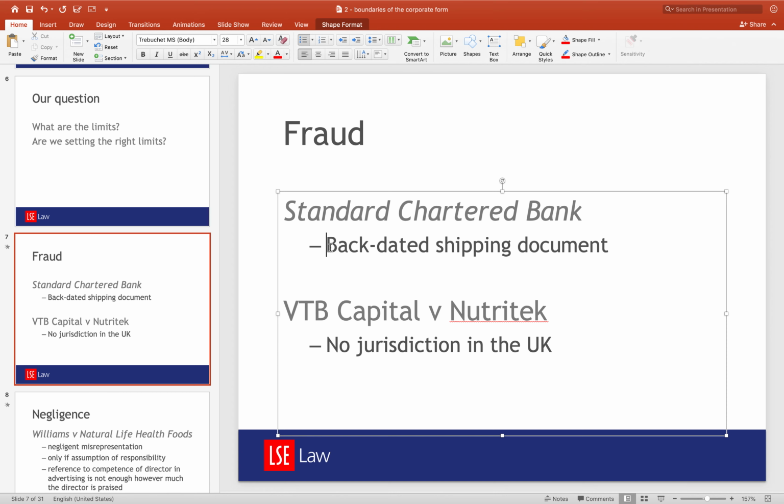They had backdated shipping documents, and the court said the fact that this was done by a director, acting as a director, doesn't mean they're not personally liable. So if a shareholder or a director is implicated in a fraud, they will themselves be personally liable, even if they channel the fraud through a company.